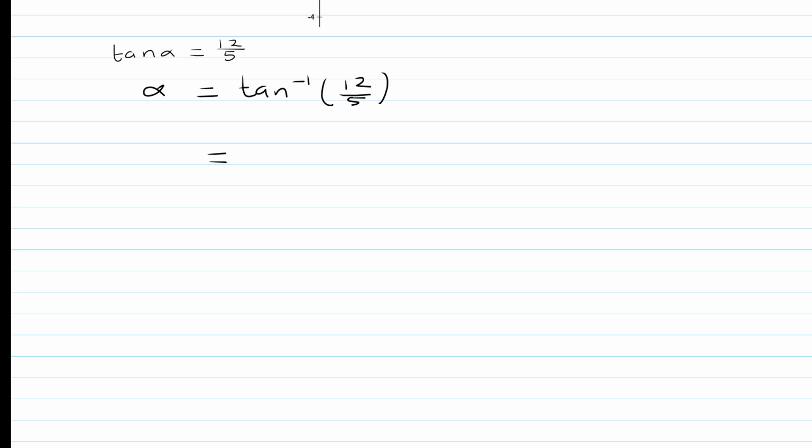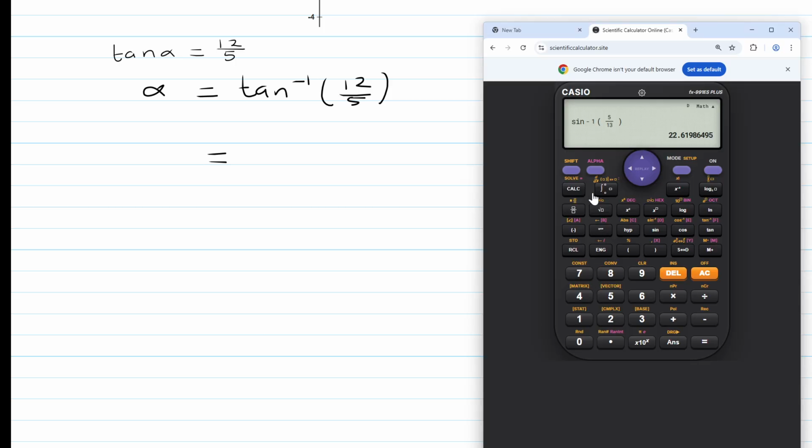Now let us look at the calculator, and then we can reset and say second function tan to get arctan, and then we can put our ratio there, which is 12 divided by 5, and that yields 67.38.